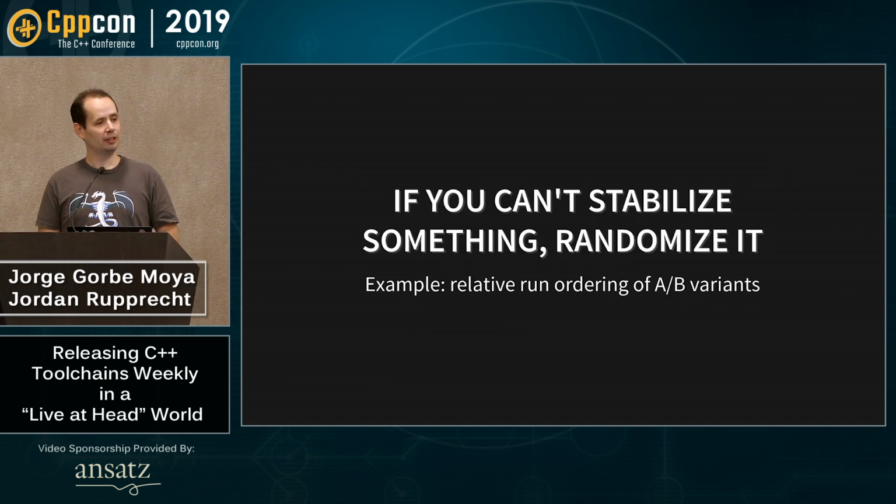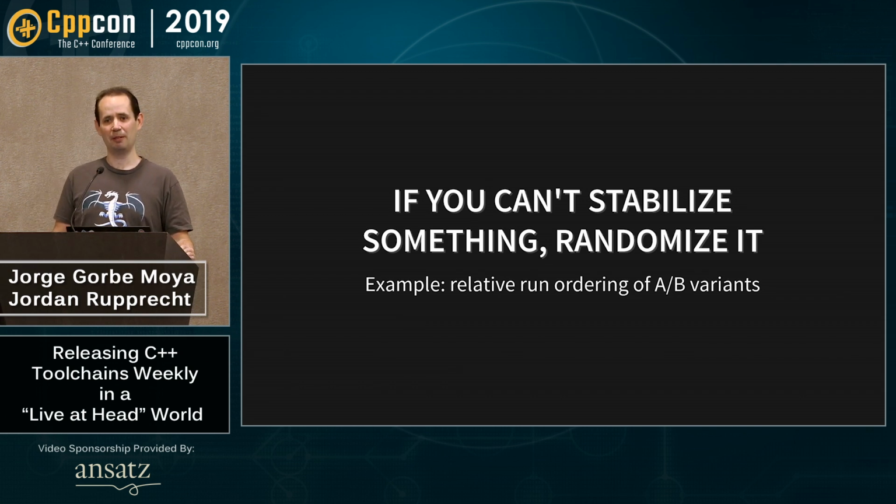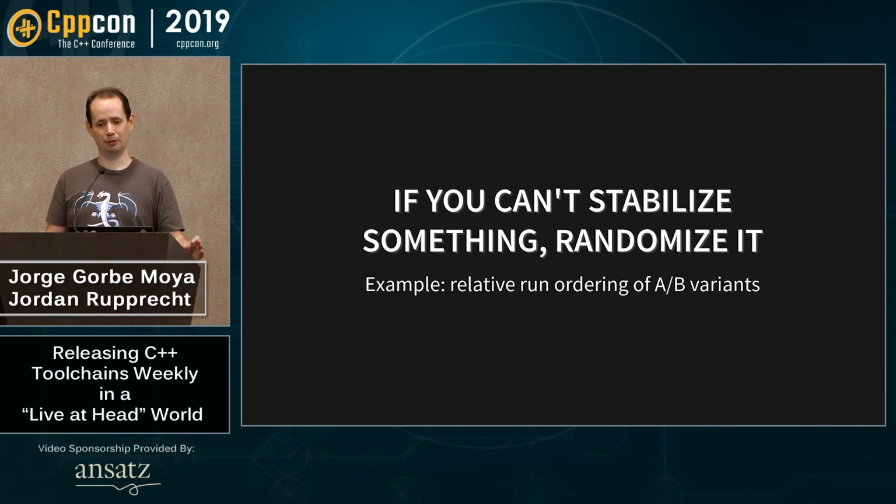And finally, a note that helped me: if you cannot stabilize something, it's better to randomize it. So sometimes you see some bias in your results, and maybe you don't know what is causing it, or you cannot go and fix it because it's not easy for you.